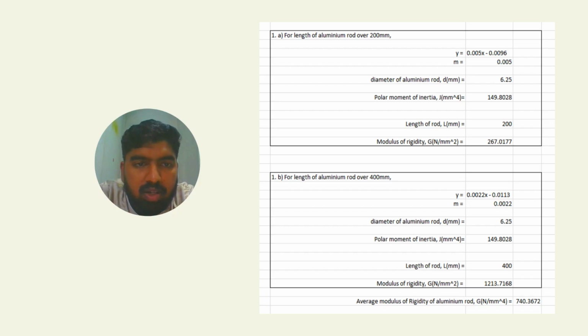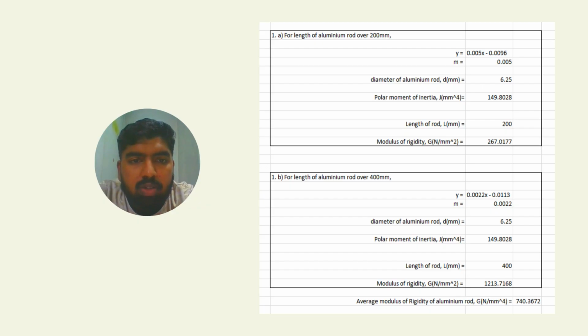So back to our data, the diameter of aluminum rod is 6.25, and the gradient that we've already obtained from the first graph part is 0.005. The polar moment of inertia is 149.8028. The length of rod L is 200 millimeter.